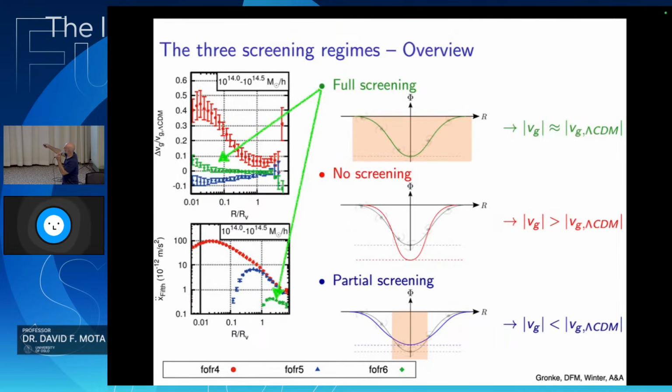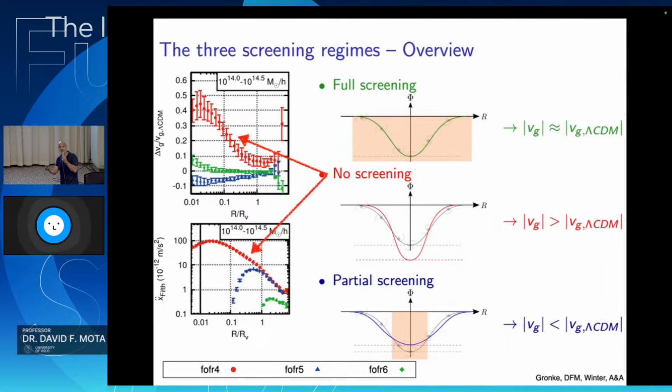And this is as a function, again, of the distance from the center of the cluster all the way to the outskirts. Okay? So what we have is that when I have a theory which is fully screened, like a theory where the Compton wavelength is just 2 megaparsec, I don't see many deviations from lambda CDM. A theory with almost no screening, then I can see deviations of about 40 to 50%.